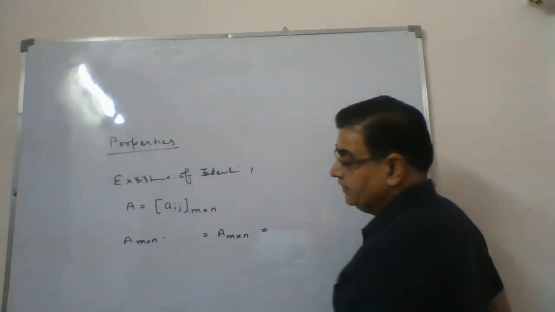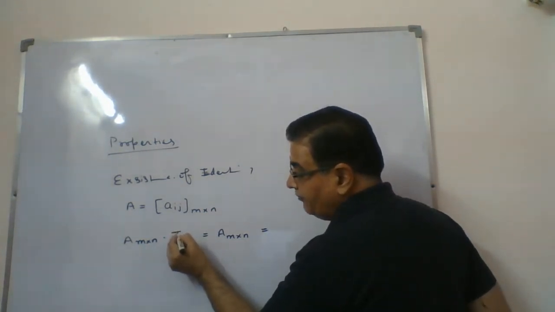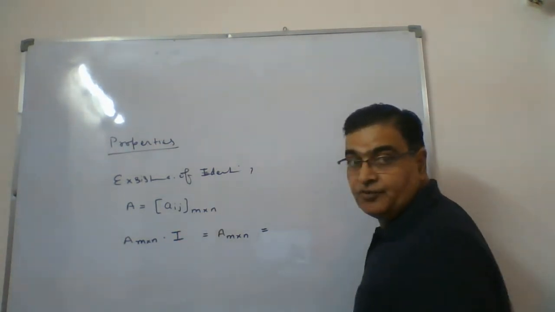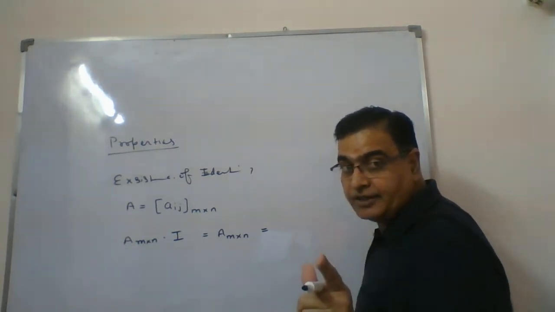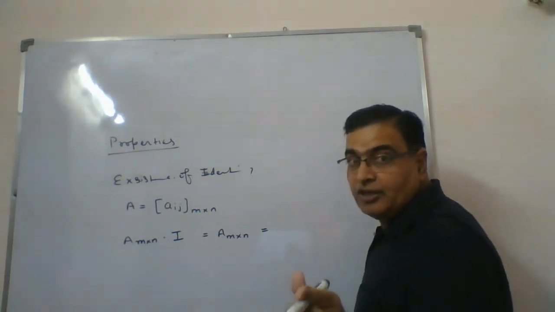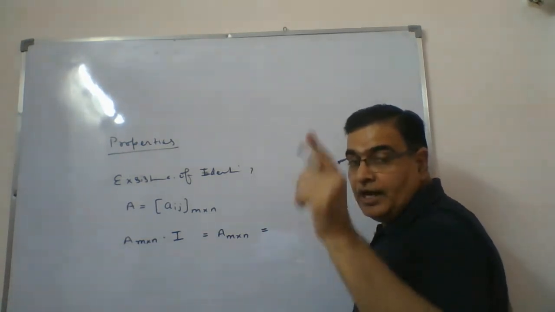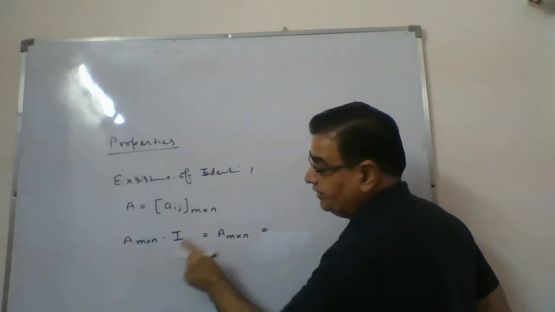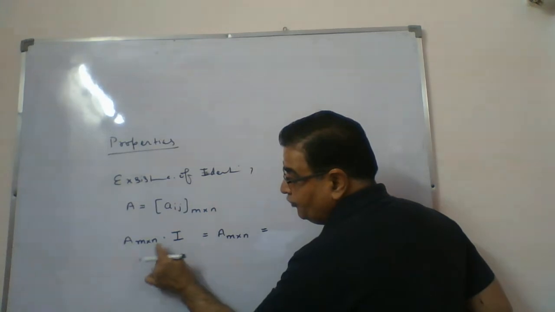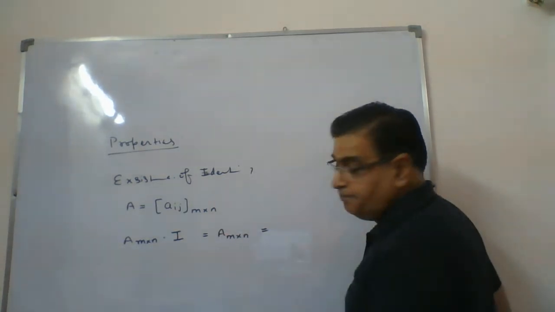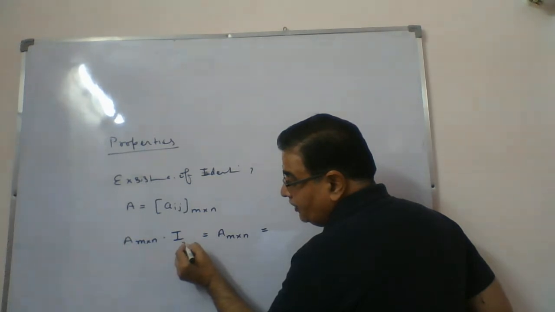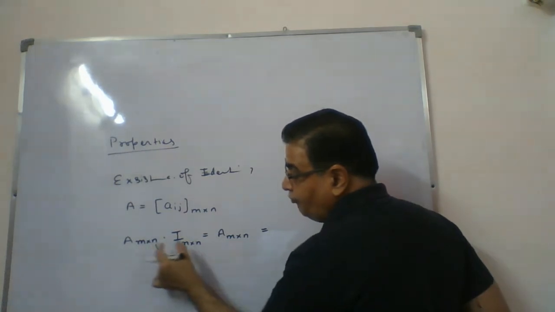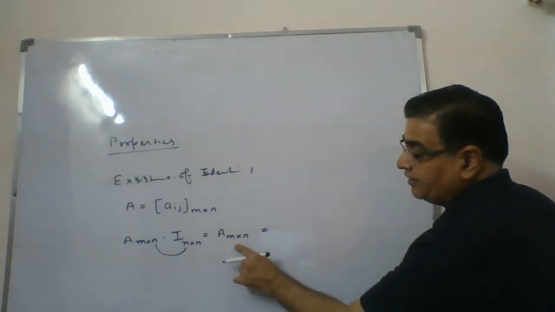If you multiply with the identity matrix, I told you identity is a very important matrix. It is a square matrix, a diagonal matrix, a scalar matrix, where all the elements in the diagonal are 1. If this matrix is a post matrix, then the identity's order should be n into n, because these two should match, and you will get the same matrix.